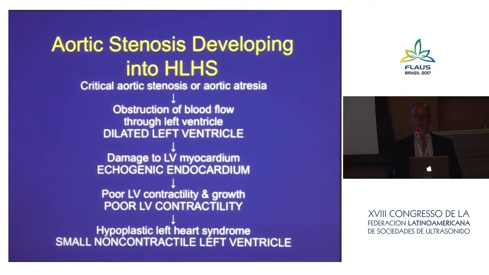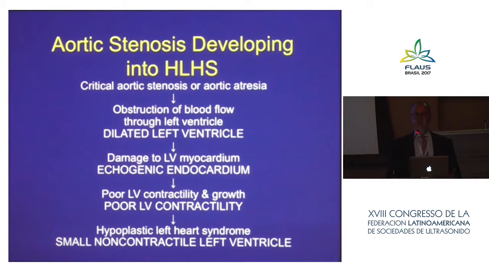This could be a whole other lecture, but I just want to highlight some of the things that we've done. As I mentioned, if you have critical aortic stenosis, there's an obstruction of blood flow through the left ventricle. So initially what you're going to see is that the left ventricle will balloon out and be somewhat large.